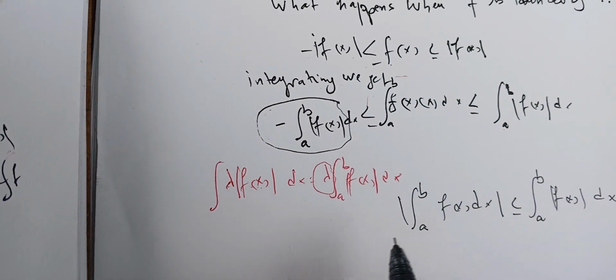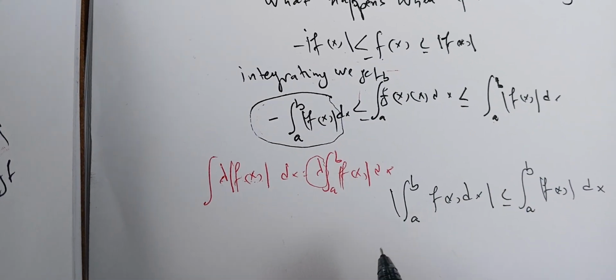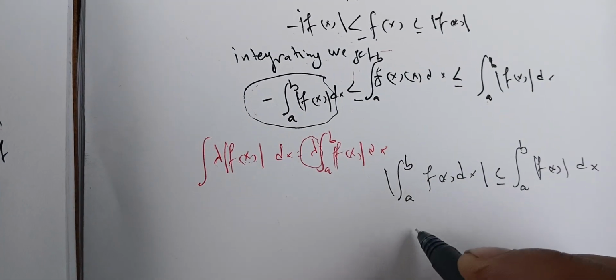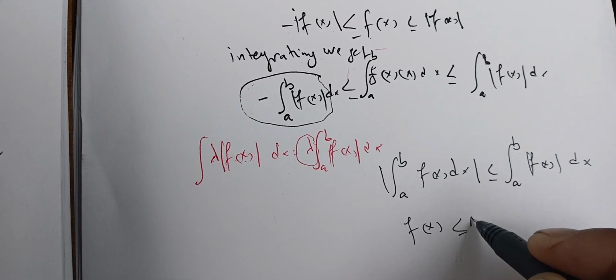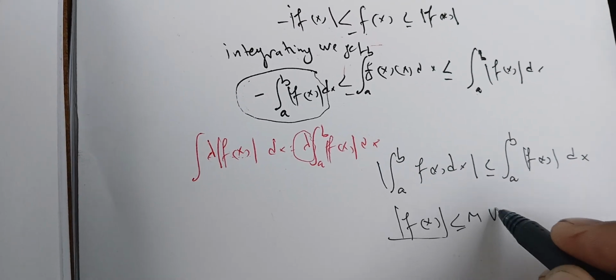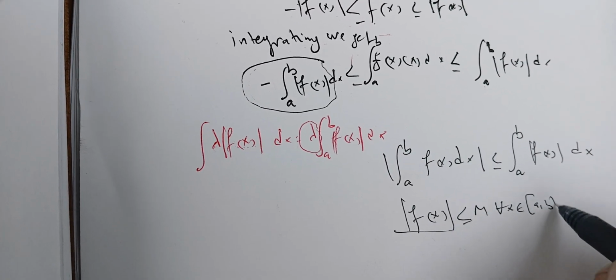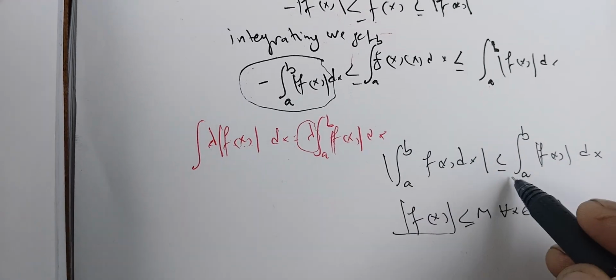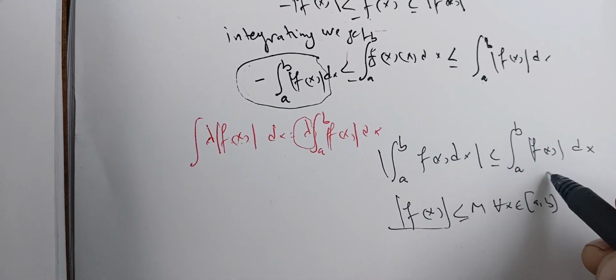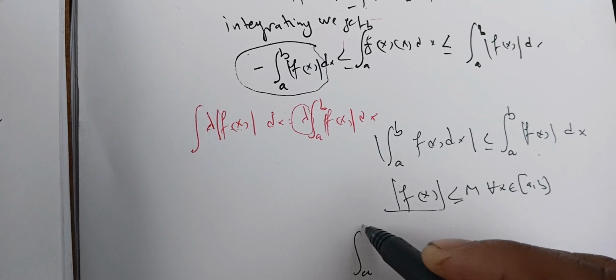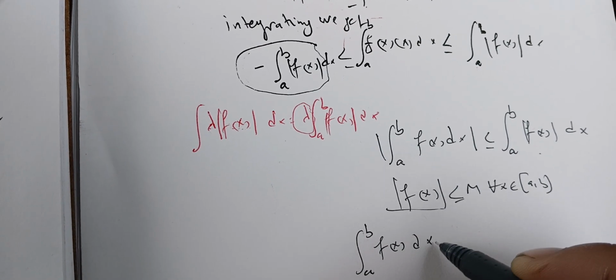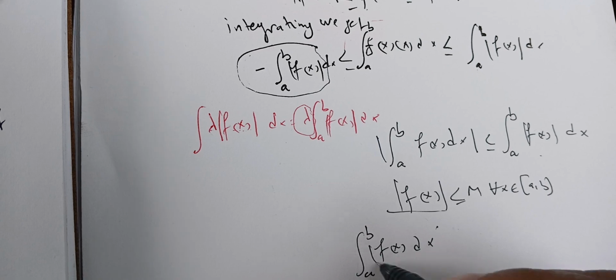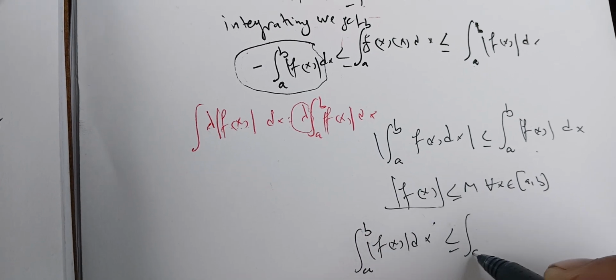Now, what happens when f is bounded? If f is bounded, that means the absolute value of f of x is less than M for all x in [a, b]. So we're going to reapply this one here to this function. So we have the integral of f of x dx between a and b is less than the integral between a and b of M dx.